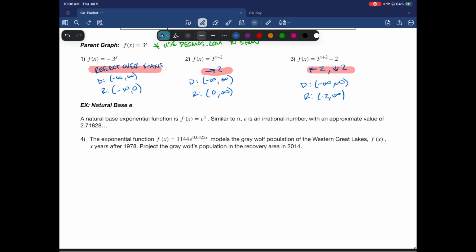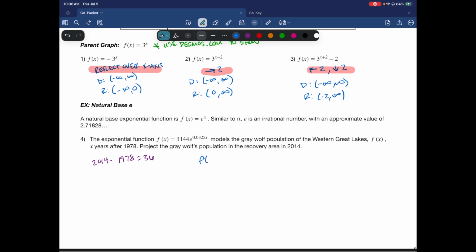All right, so number 4 says the exponential function models the gray wolf population of the western Great Lakes, f of x, where x is years after 1978. Project the gray wolf population in the recovery area in 2014. Okay, so if x is the years after 1978, we need to figure out how many years 2014 is from 1978. So 2014 minus 1978, that's going to give us 36, and that's what our x is going to be.